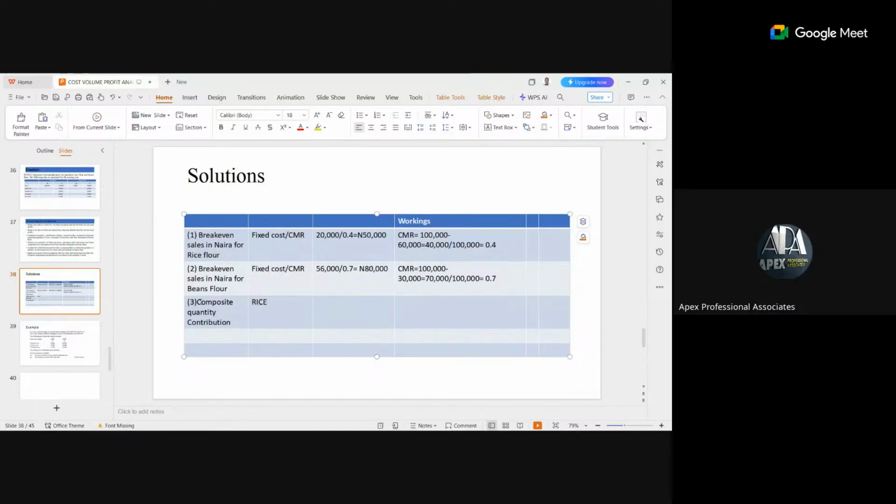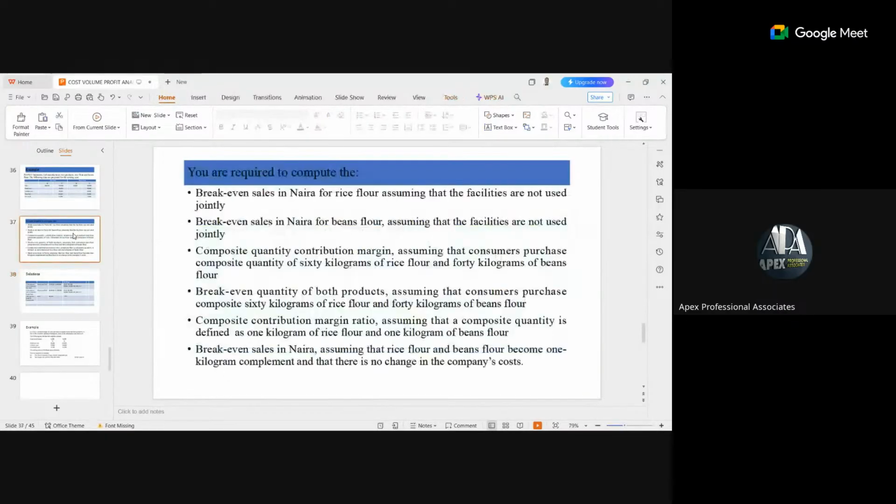I have beans here. Yes, I have beans. Let me now say I have total here. Let me present it this way. So now, for us to do this, the question is saying that we should determine the composite quantity contribution margin.